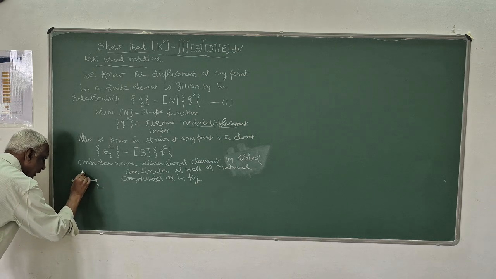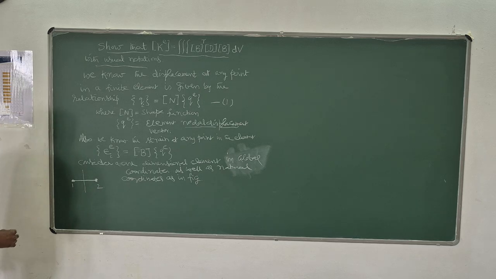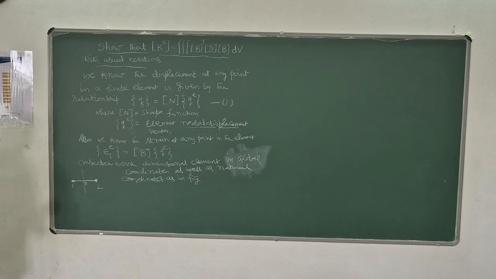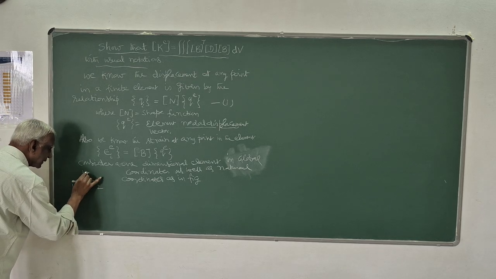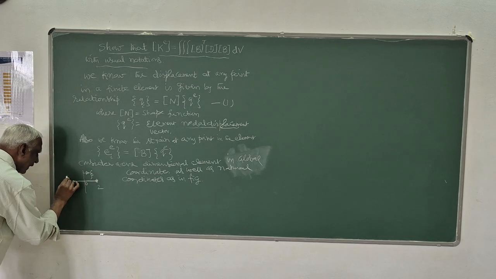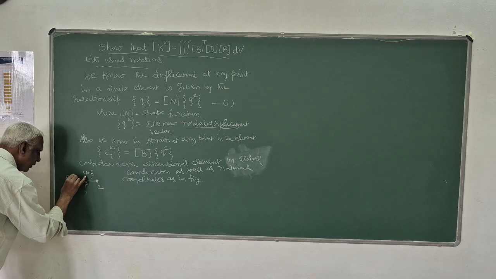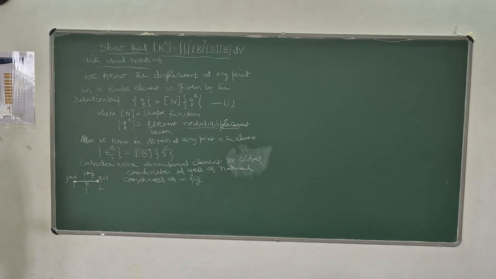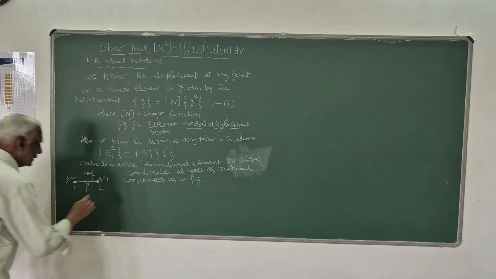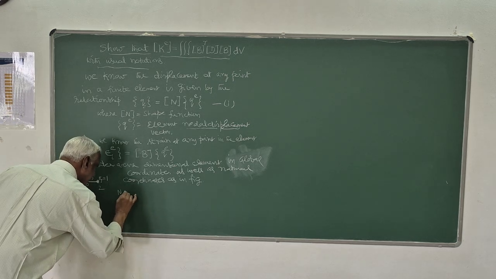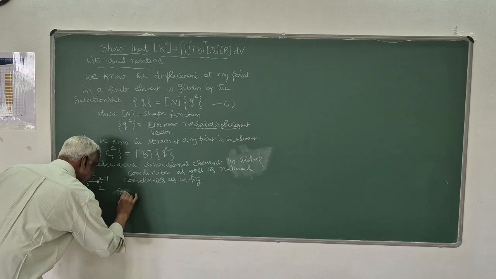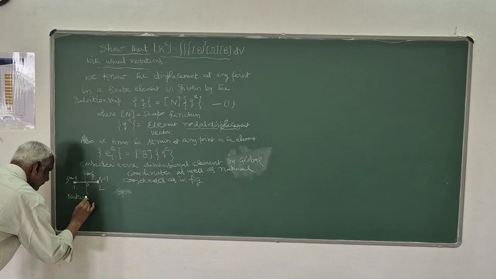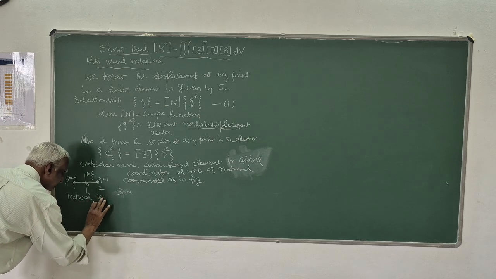The natural coordinate is measured from the center point of the element, and it is denoted by the symbol psi. Here psi is equal to -1, here psi is equal to +1, and the shape functions are displayed in natural coordinates.